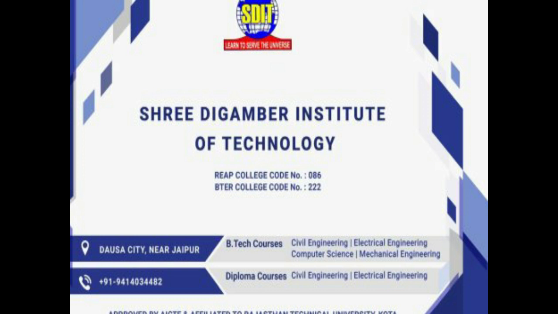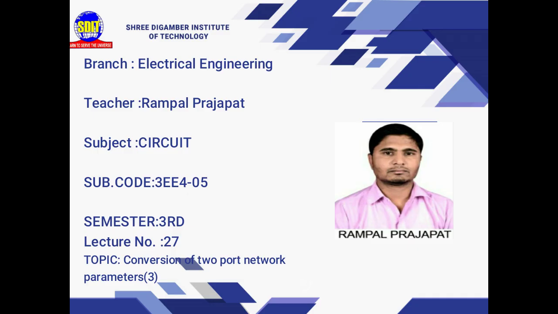Dear student, for today's class our subject is Circuit Analysis part 27, and our topic is conversion of two-port network part 3. In this class we will discuss the conversion of two-port network parameters.